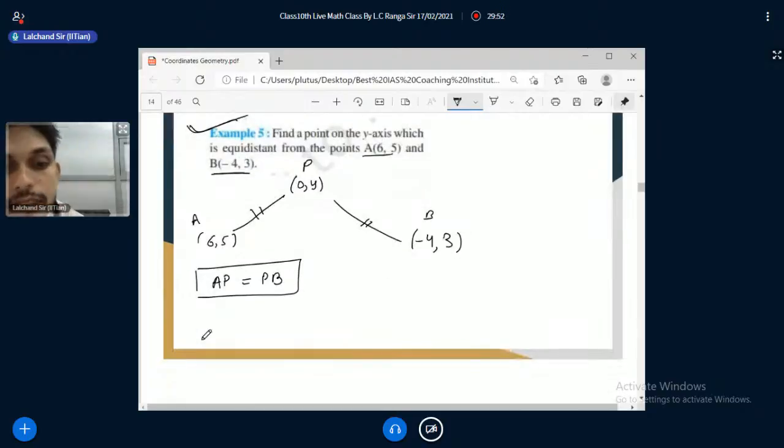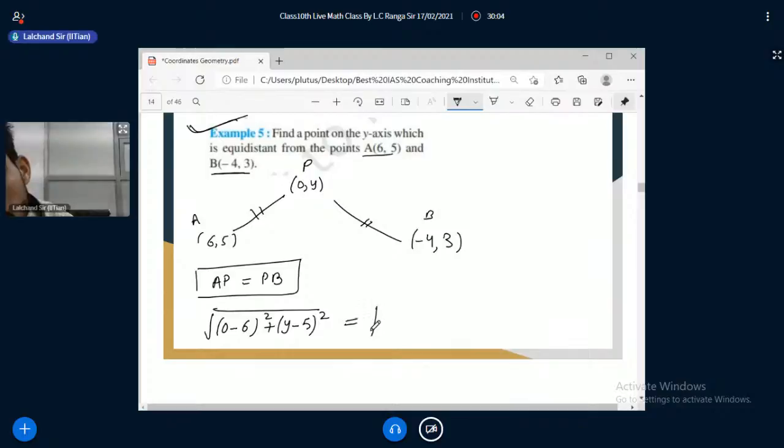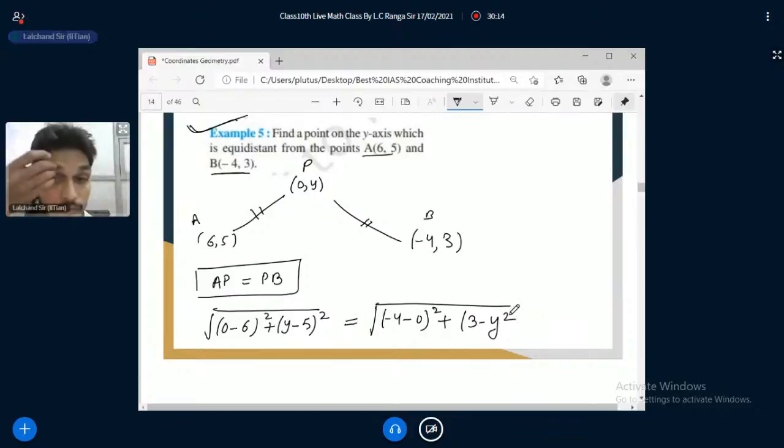If we simplify this, then we have -4 minus 0 square plus 3 minus y square, isn't it? This is the whole square.